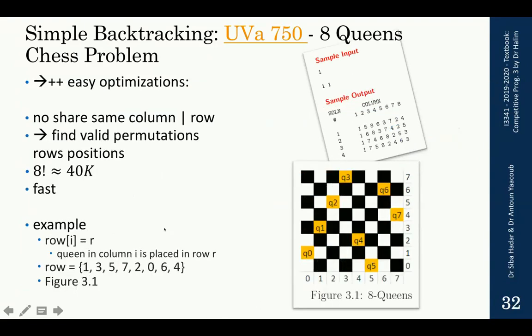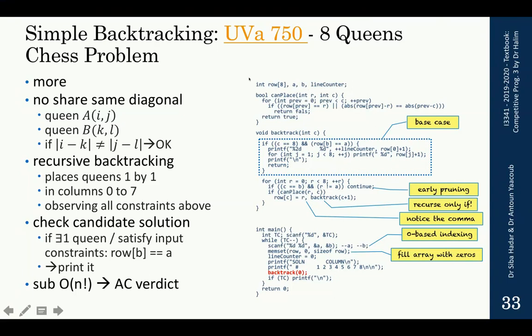So we check the candidate solution. We have to remember that they give us a queen coordinate and we give them the rest of the queens' coordinates. So if we find an absolute solution, we see if inside this solution we have a queen at row A and column B, and then I print the solution.